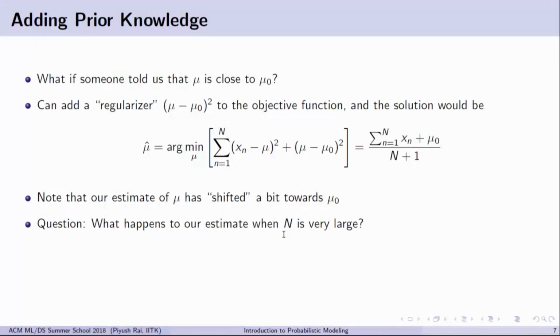Now, let's ask what happens when capital N, the total number of observations, becomes very, very large. If you look at the solution that we have for mu hat now with the prior knowledge, what will mu hat be approximately?